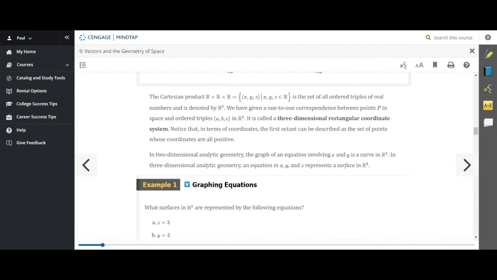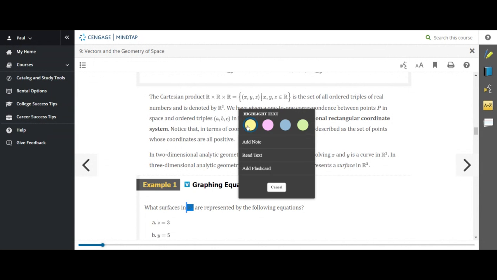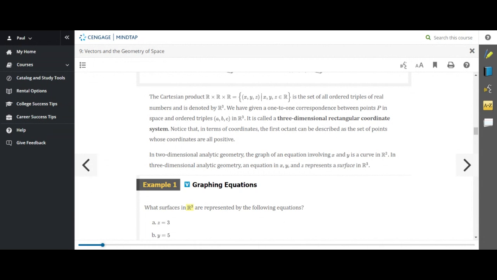In other words, that's just a symbol that means three-dimensional space. And they're wondering, okay, what surface is represented by the following equation? Z equals 3.